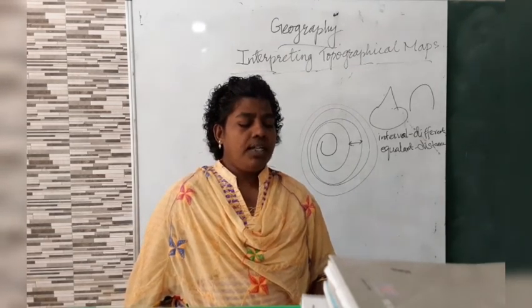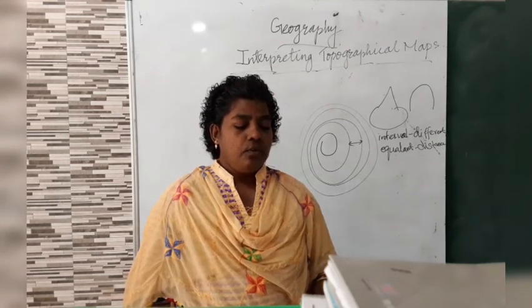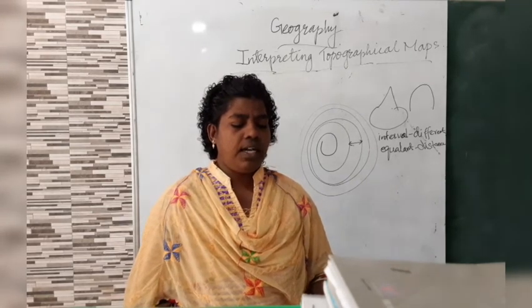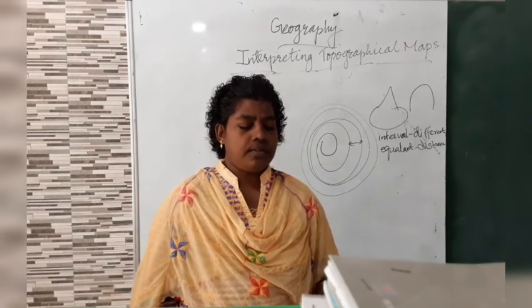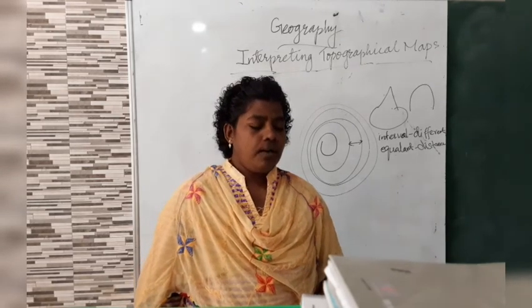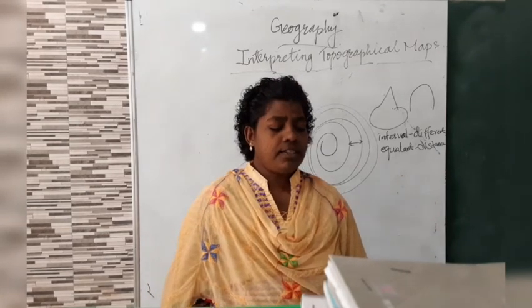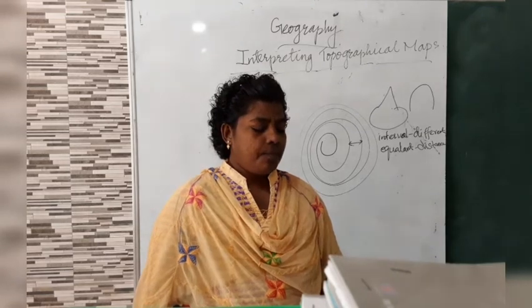Third one, contour lines do not intersect one another. Fourth one, the contour lines of a hill are evenly spaced in a form of concentric circles. Fifth one, houses or huts in scattered settlement are far apart from one another.